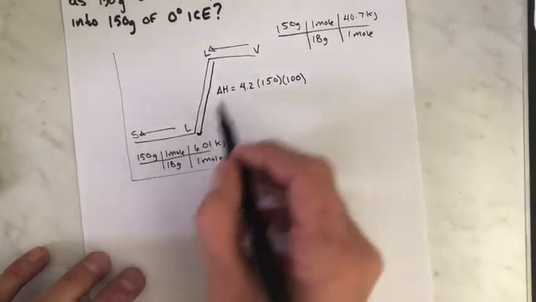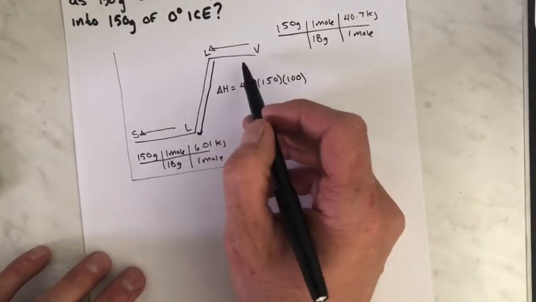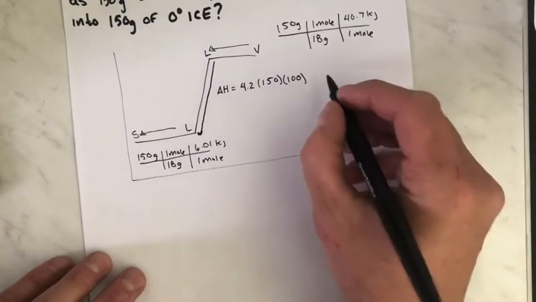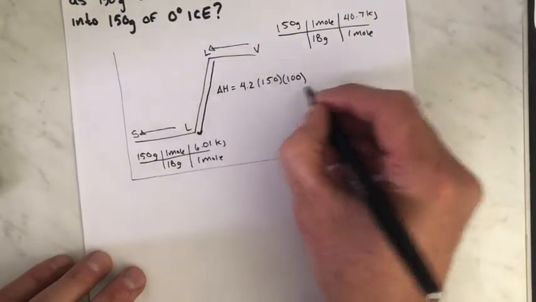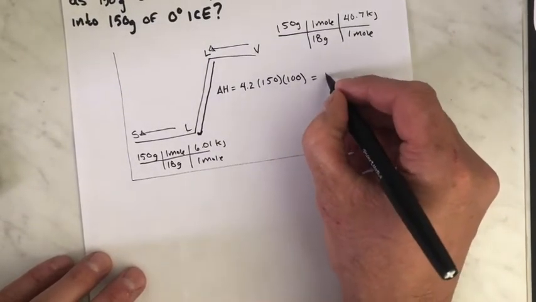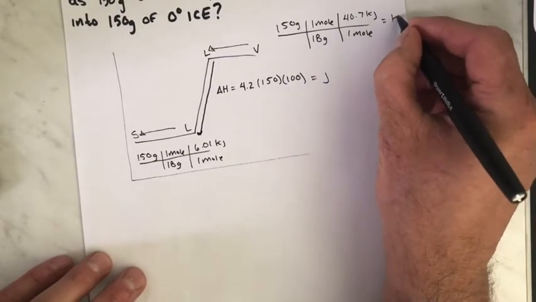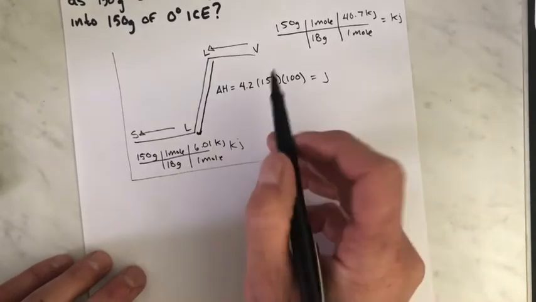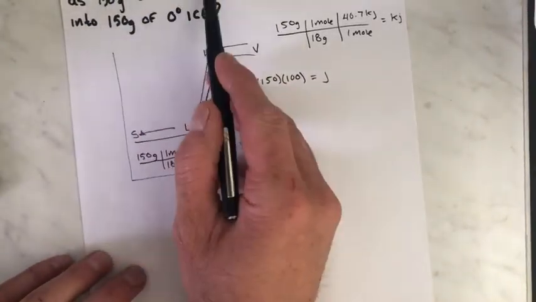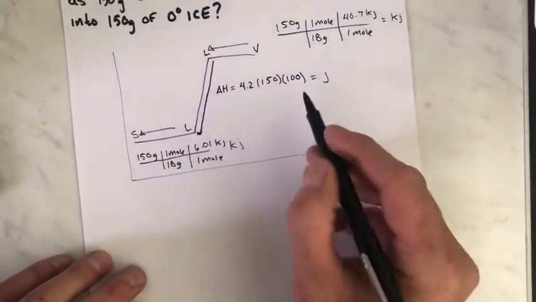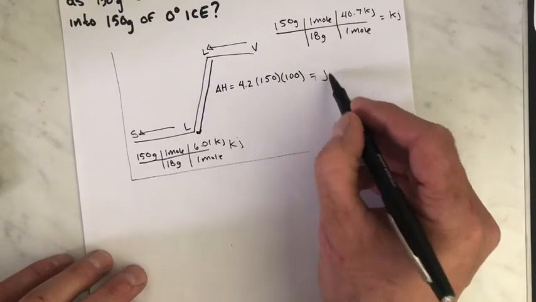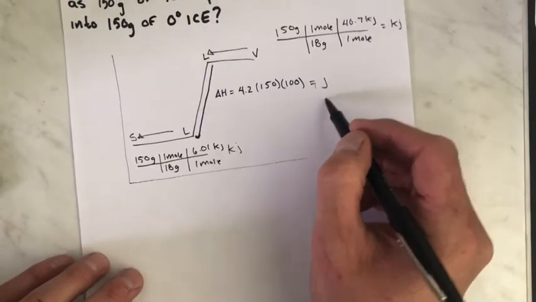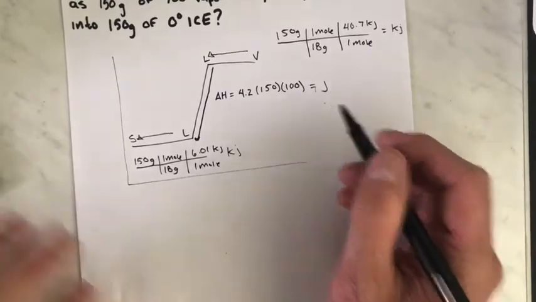And then these other flat parts of the graph, remember the temperature does not change there. The problem here is that the answer you're going to get here is in joules, and the answer you get with these guys is in kilojoules. So that's why I'm asking how many kilojoules of energy, because we're going to calculate this and then convert this one answer into kilojoules, and then we can just add them all up together.